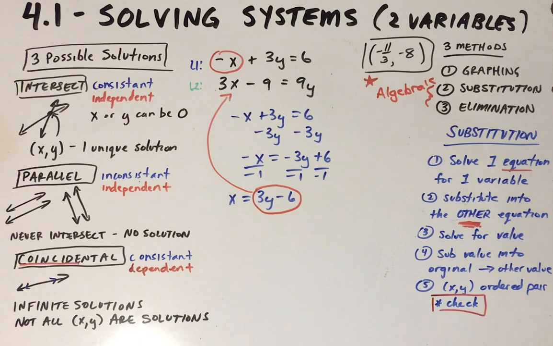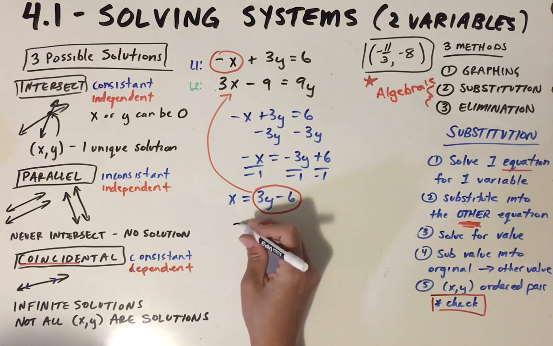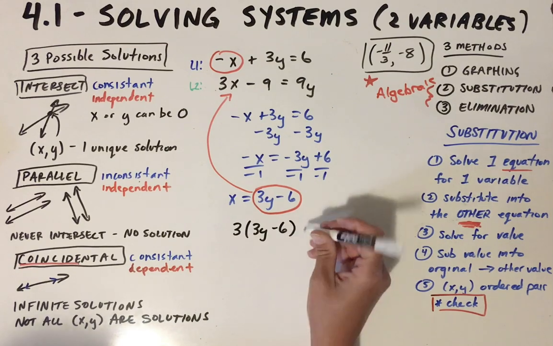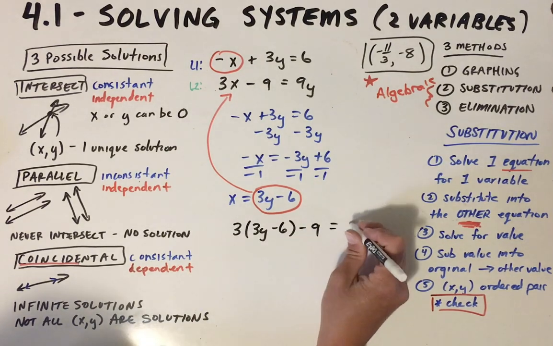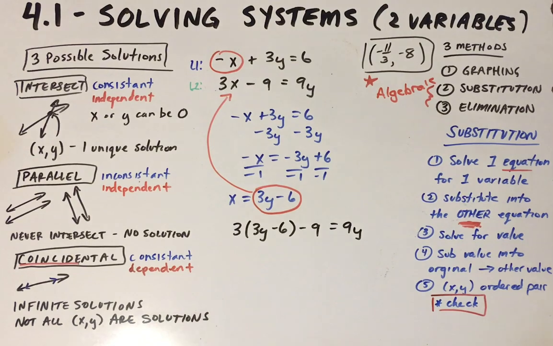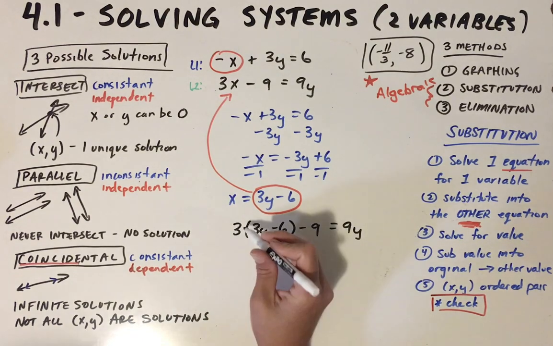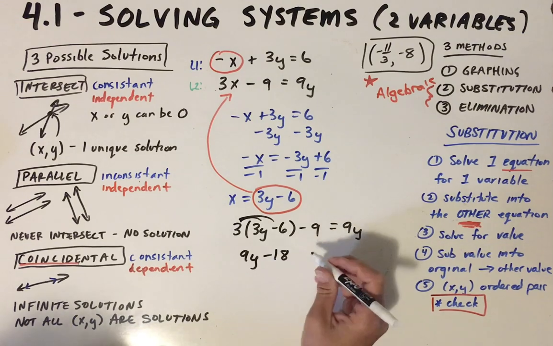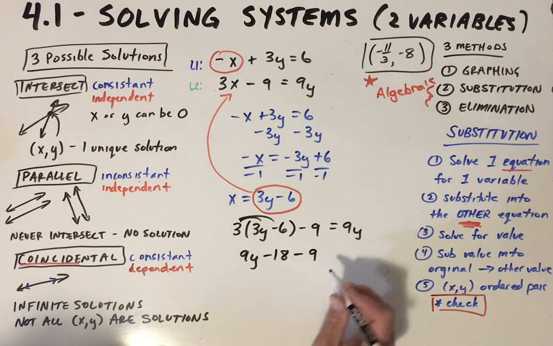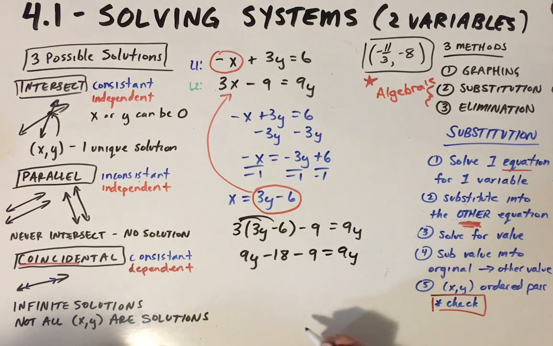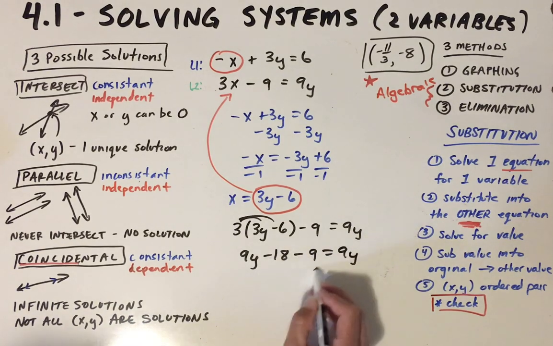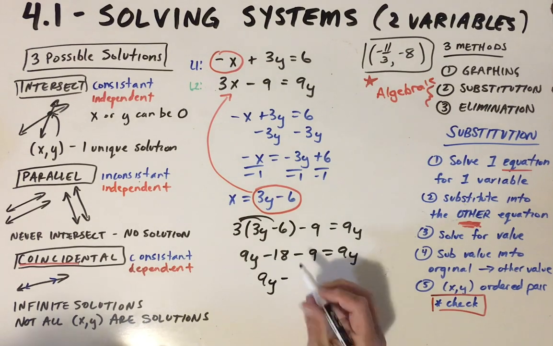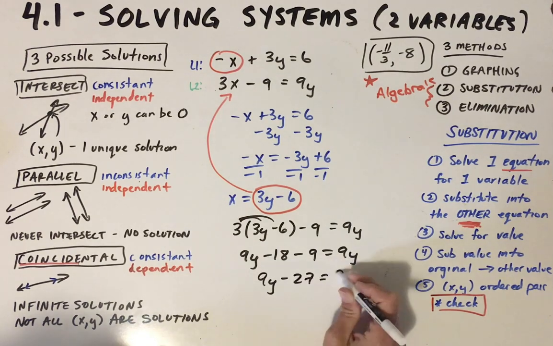So when I plug this into line 2, I get 3 times (3y minus 6), minus 9, equal to 9y. Simplifying, I get 9y minus 18 minus 9 equal to 9y. Combining these, I get 9y minus 27 is equal to 9y.